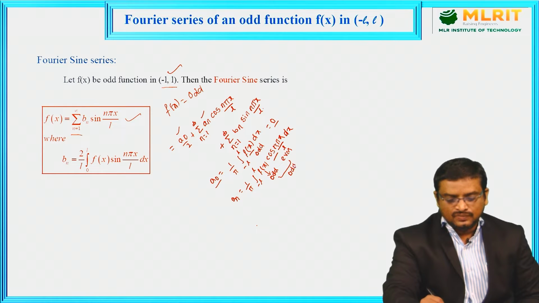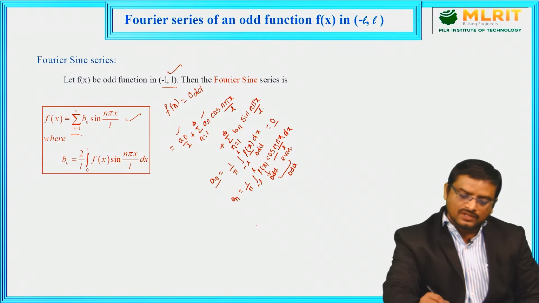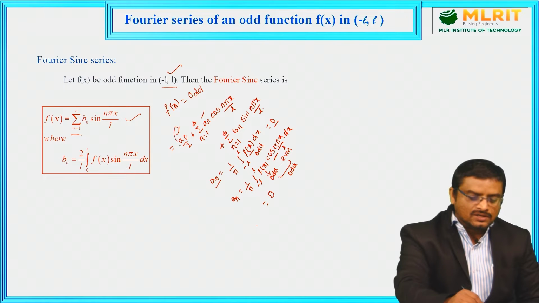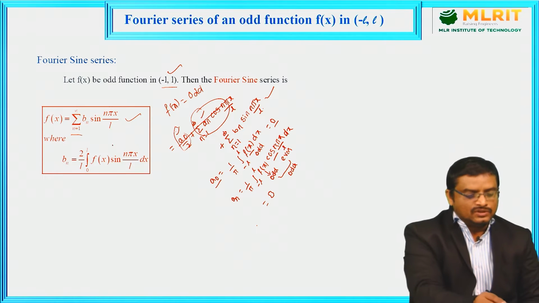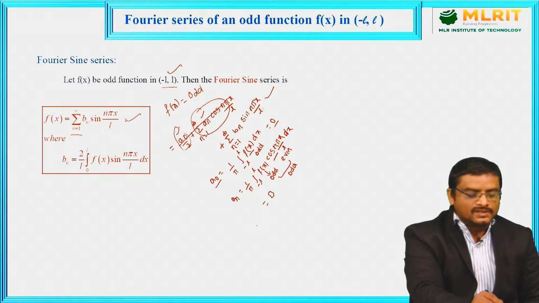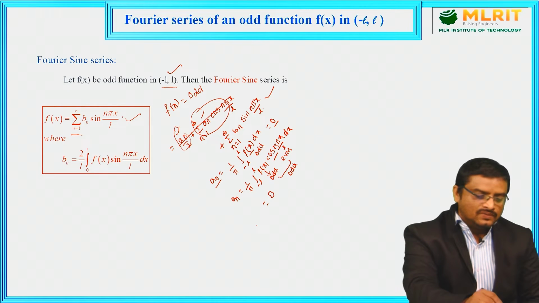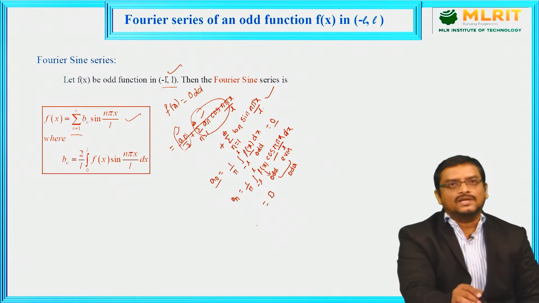Once again, between the limits minus L to L, if we have an odd function, then the integral value is 0. Because of this reason, we neglect the a naught term and the an term. By neglecting these two terms, we get only the term which contains bn. That's why we have taken the Fourier series as summation n is equal to 1 to infinity bn sin n pi x by L, the formula for the Fourier series of an odd function in the interval minus L comma L.